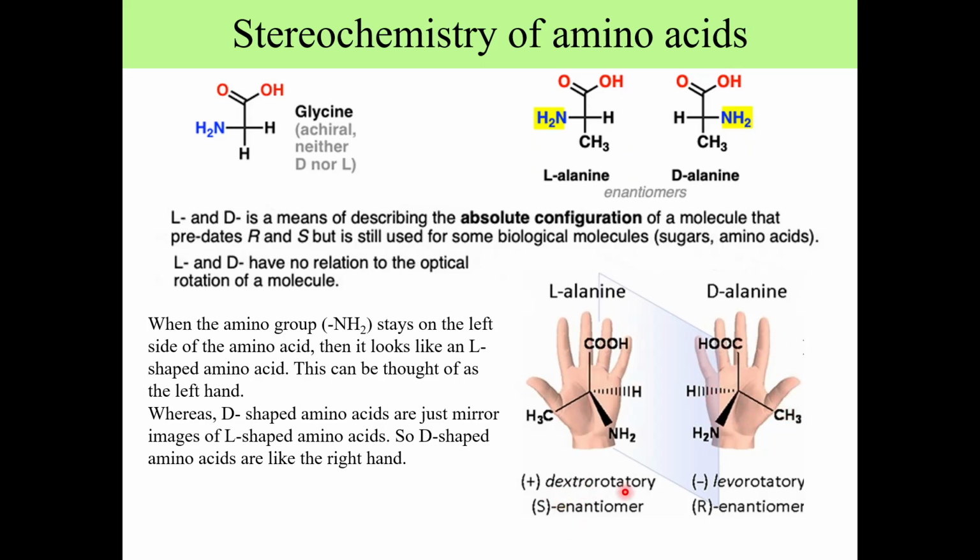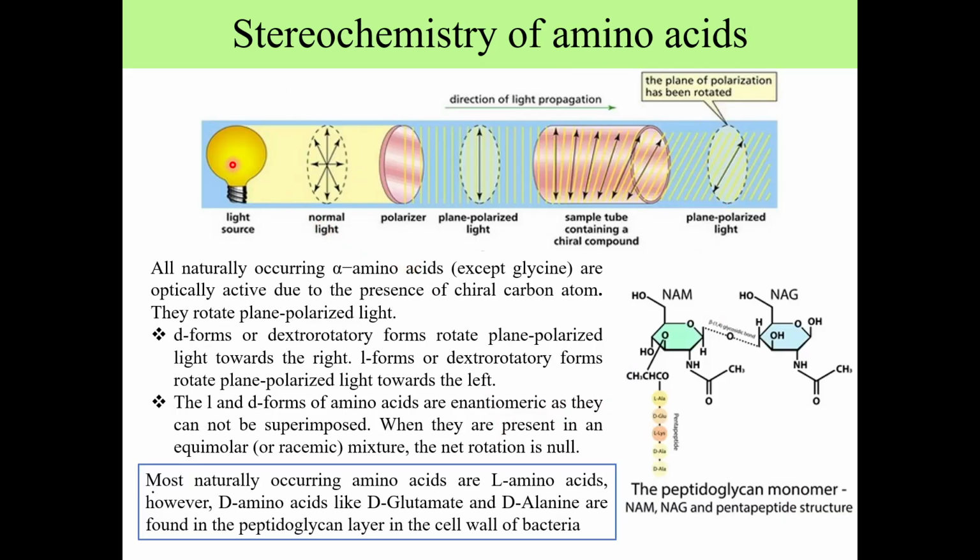Now what about this dextrorotatory and levorotatory? When light comes from a light source, you know that light is made up of electric field and magnetic field vectors, and these oscillate along all directions. When we pass this light through a polarizer, which you can imagine like a slit, it allows only light vibrating along a particular direction to pass through.